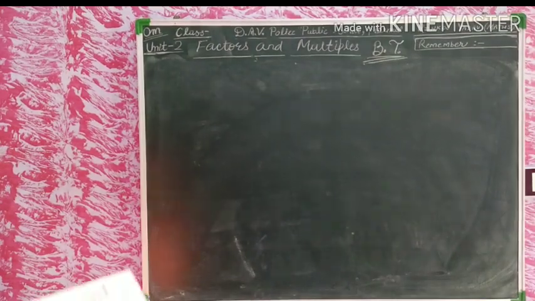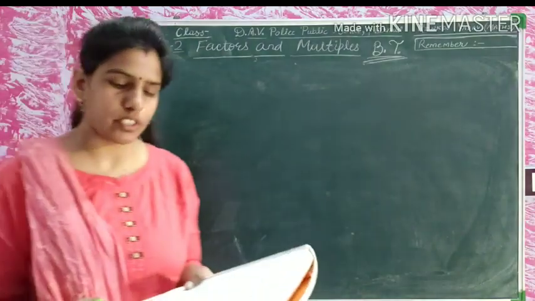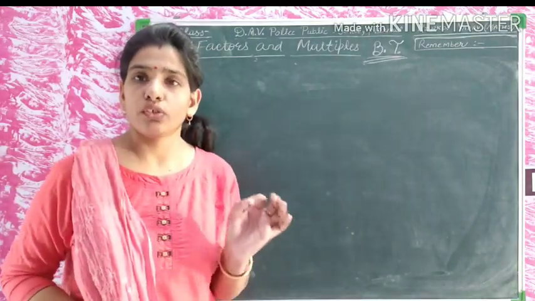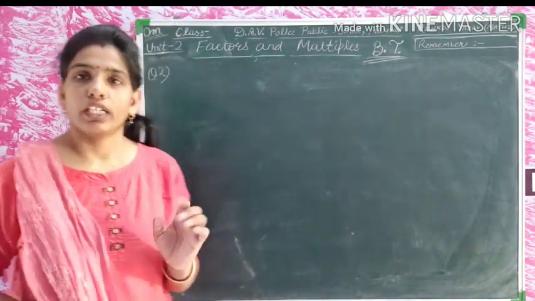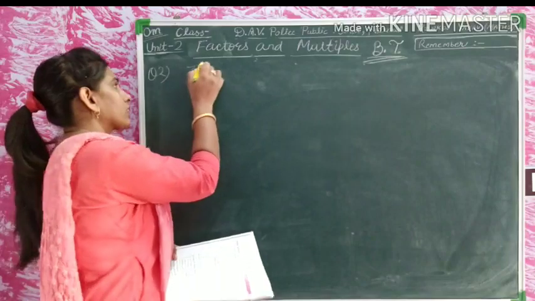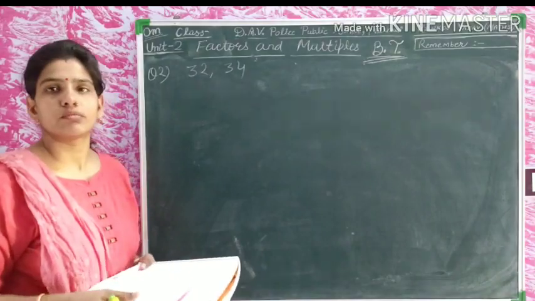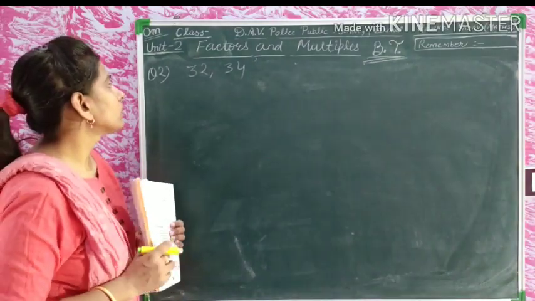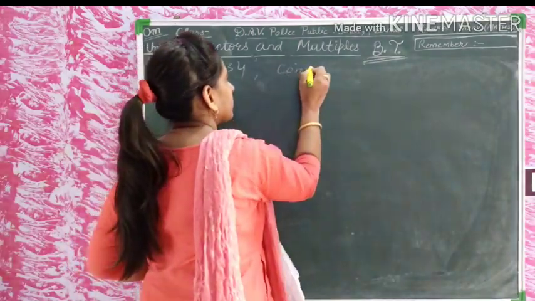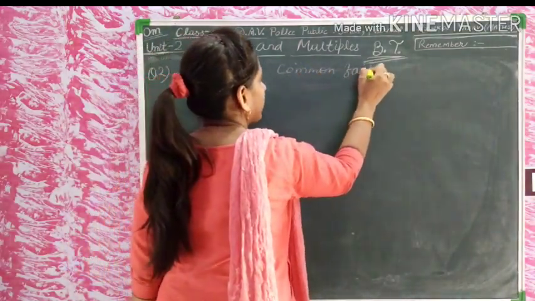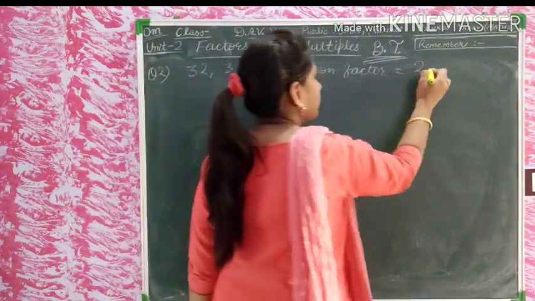Now, yes students, here is question number 2. In question number 2, are 32 and 34 co-prime numbers? If they are co-prime numbers, it means their common factor is only 1. Now we will check that 32 and 34 are both divisible by 2, students. So their highest common factor is equal to 2.